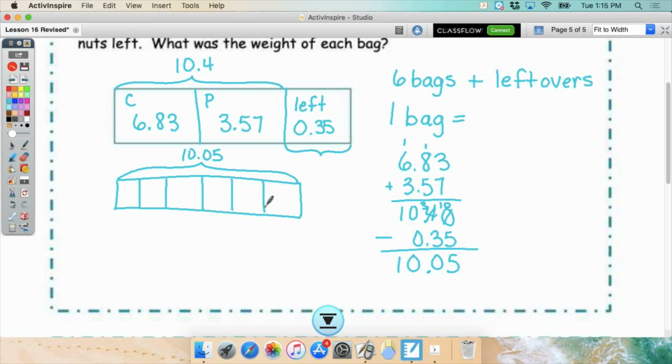Okay, so I'm trying to figure out one bag, right? That's my question mark right there. So who knows how to solve a problem like this? Divide by what? 6. And I'm going to skip count by 6s.